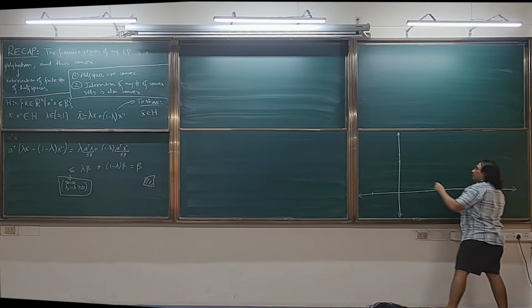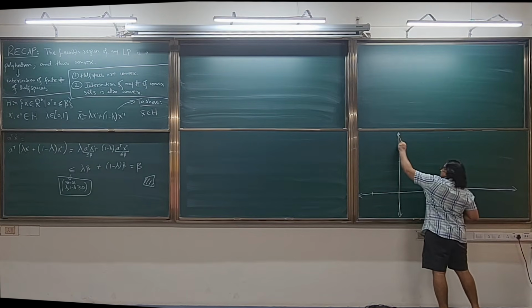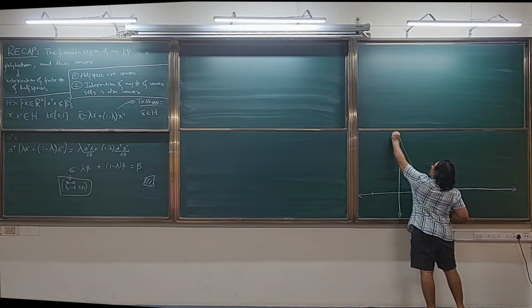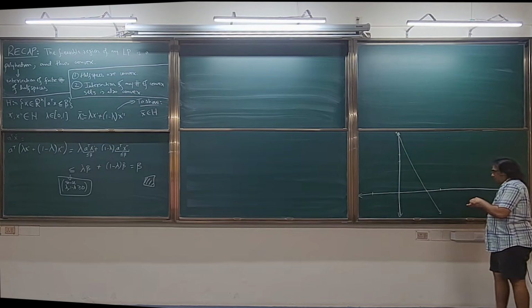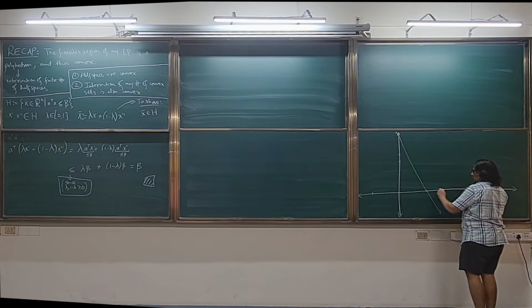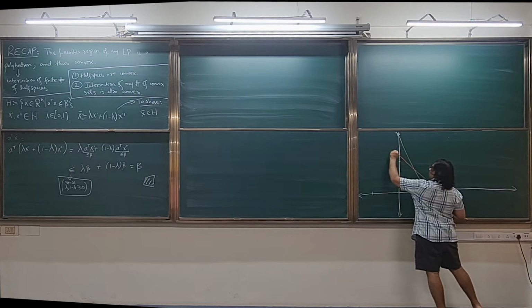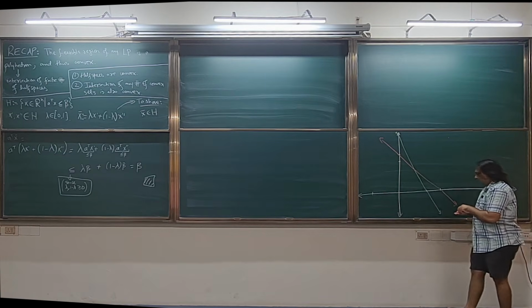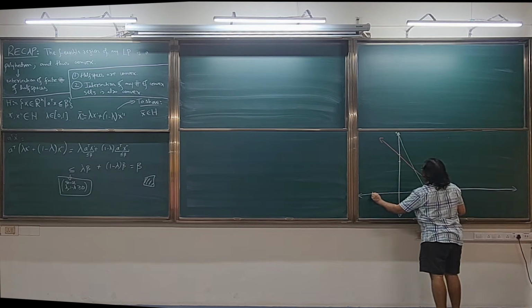Okay. So this line goes into here, I think. We have 7 and 7. That's this line. And then we have minus 9 and 5.